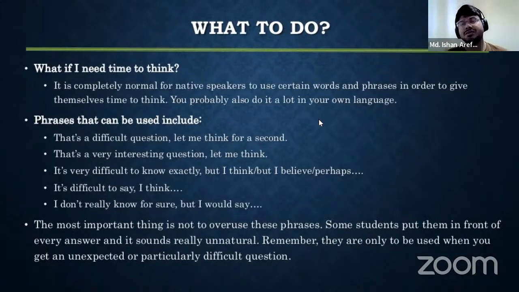It is normal to do this. But do not waste 5 minutes thinking about an answer, and do not overdo it. I mean, do not tell the examiner again and again that you need time to answer. It can happen once or twice.